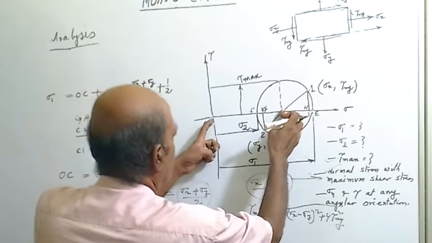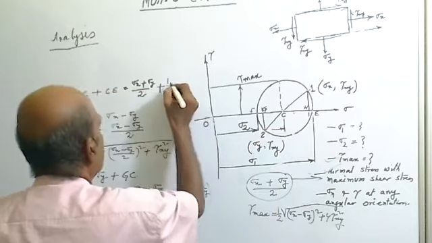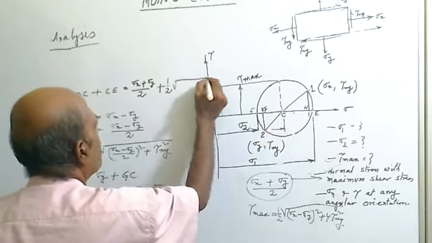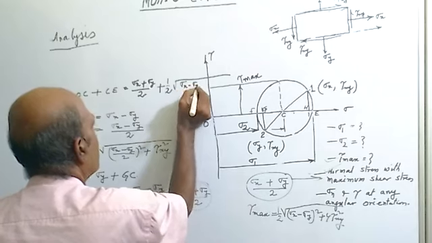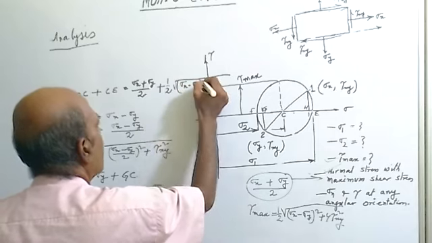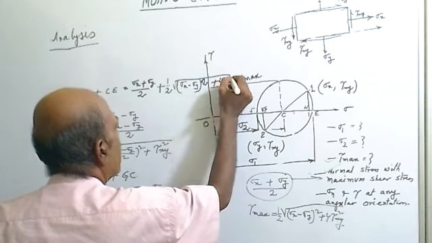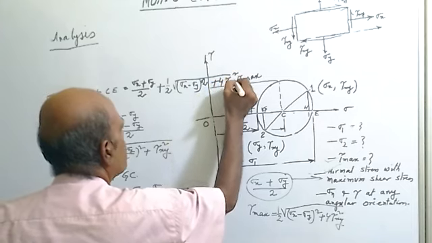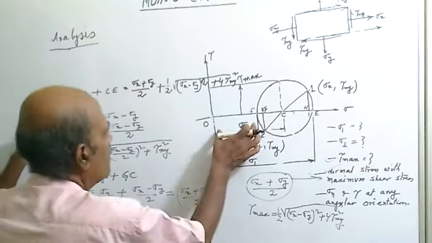So this one is sigma x plus sigma y by 2, and this one is the radius of the Mohr circle, half root over of sigma x minus sigma y whole square plus 4 tau square xy. So this is the sigma 1 value.